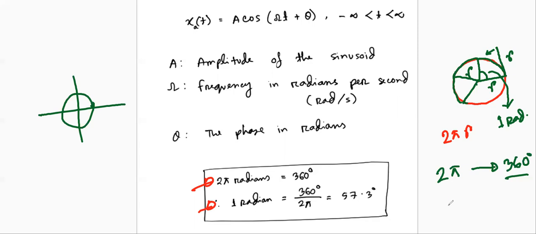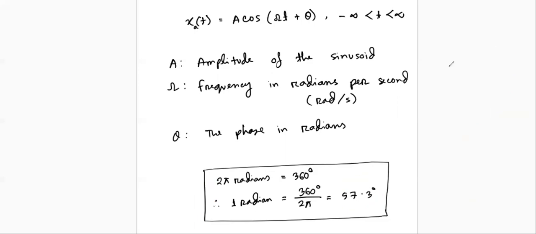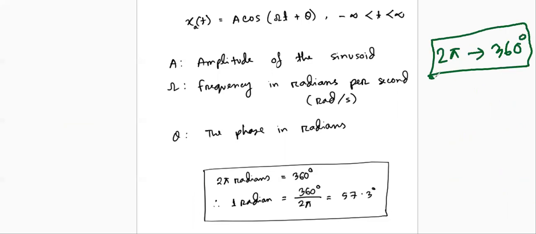So we get that 1 radian is 360 degrees divided by 2 pi, which equals 57.3 degrees. If we want to go from radians to degrees, this gives us enough information. You can jump from one domain to another from this relation: 2 pi radians is equivalent to 360 degrees.